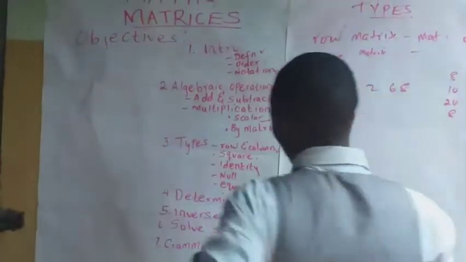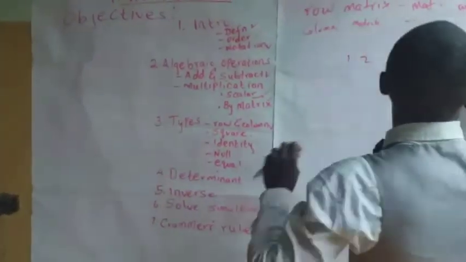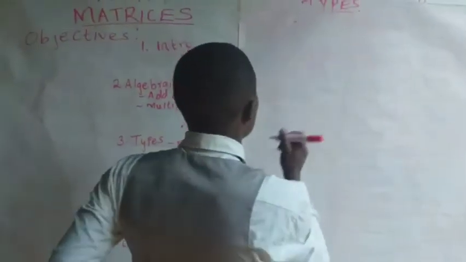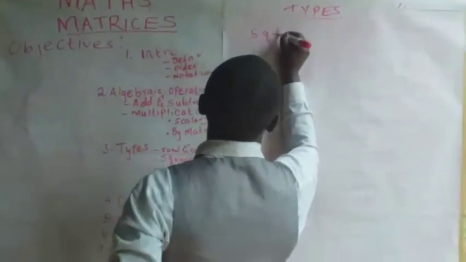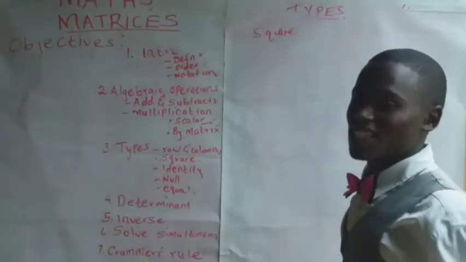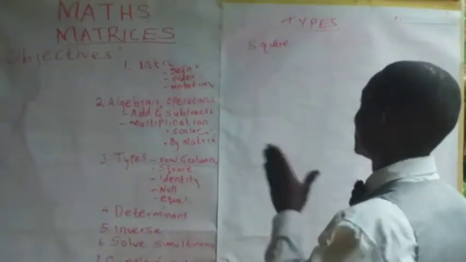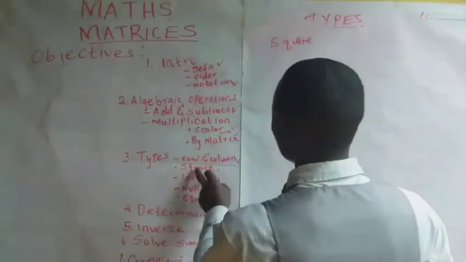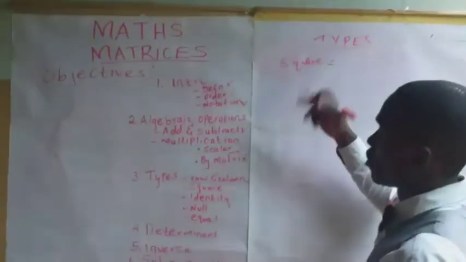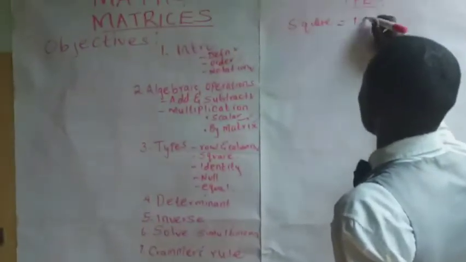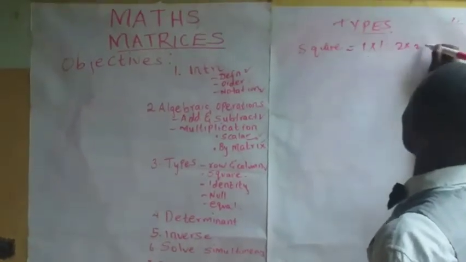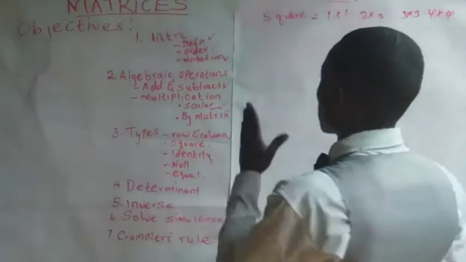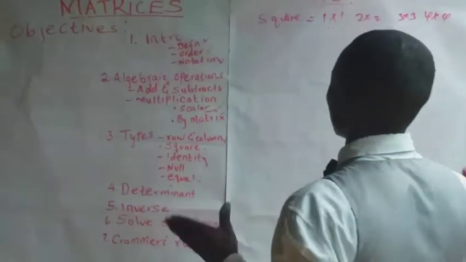On the other note, we'll think about the square matrix. A square matrix is a matrix with an equal number of rows and columns. So it's a 1 by 1 matrix, a 2 by 2 matrix, a 3 by 3 matrix, a 4 by 4, and any number of rows that is equal to the number of columns.